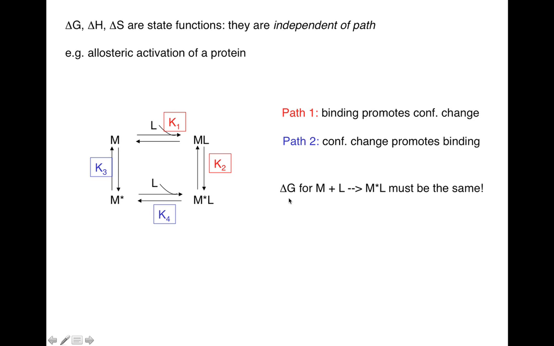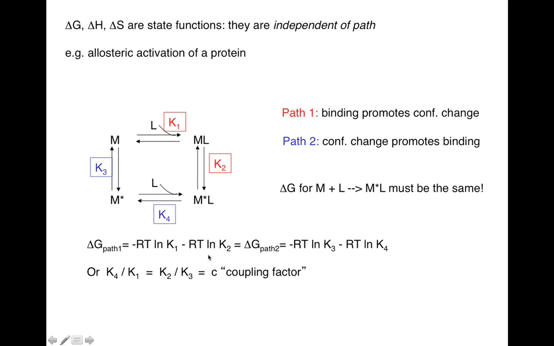Okay. Now the delta G going from M to M star L has to be the same. Okay, it's a state function. It's independent of the path. So if we write down the delta G for path 1, it's going to be minus RT log K1 minus RT log K2, and that has to equal going this way. Okay.